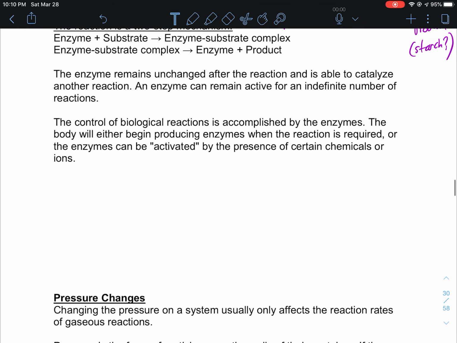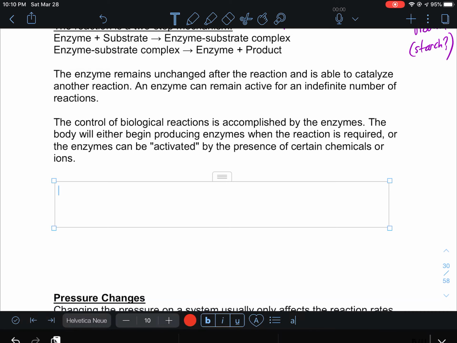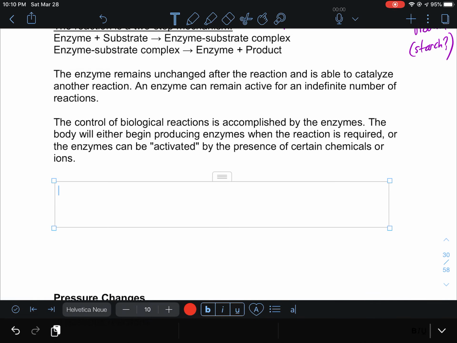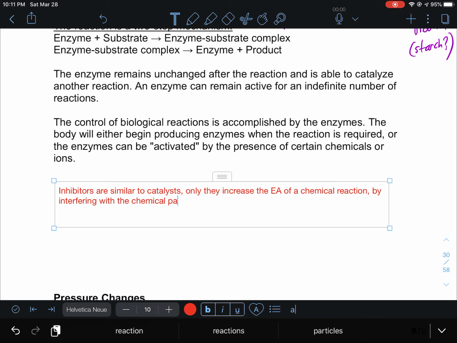Now, there is an opposite that I did not mention previously, called an inhibitor. Inhibitors are similar to catalysts, only they increase the activation energy, the EA, of a chemical reaction by interfering with the chemical pathway.